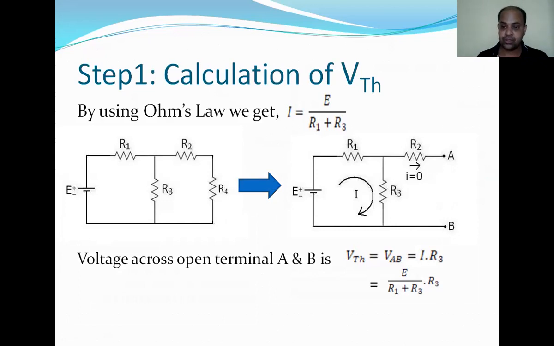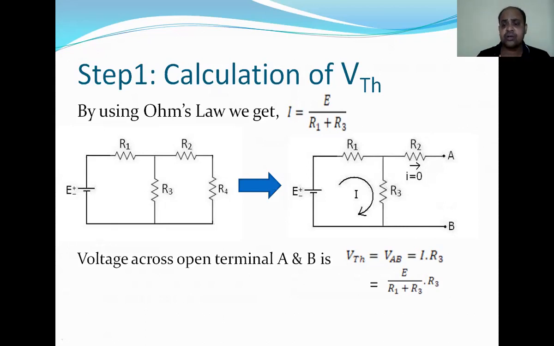What is the parallel resistance of the open terminal? R3 is the parallel resistance of the open terminal, because AB is the open terminal, and if you follow from the open terminal, you can see a resistance which is parallel with the open terminal, that is R3. So VTH is nothing but the voltage drop across the parallel resistance of the open terminal.